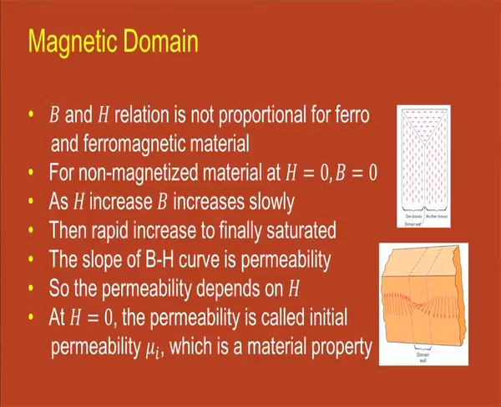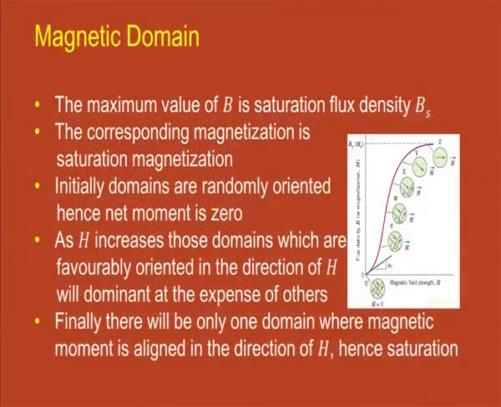At H equal to 0, the permeability is called initial permeability and is represented by mu i, which is the material property.